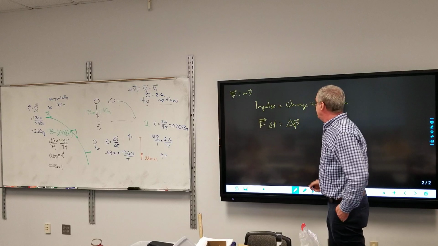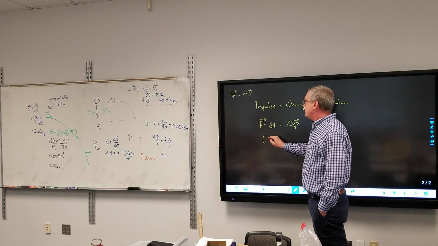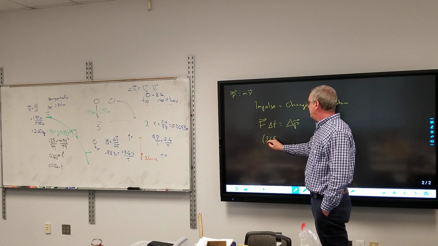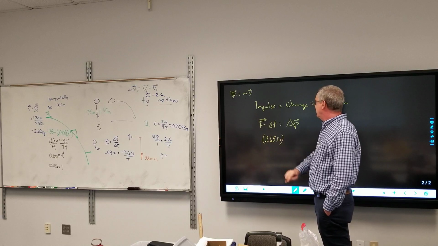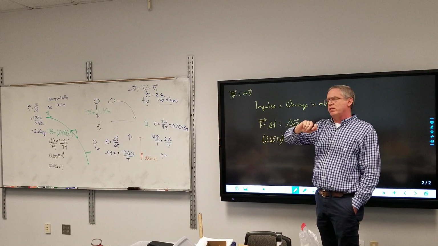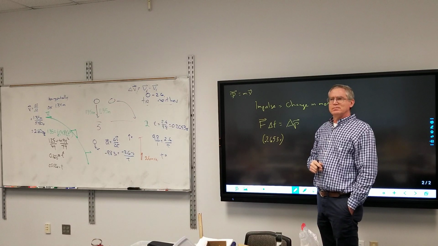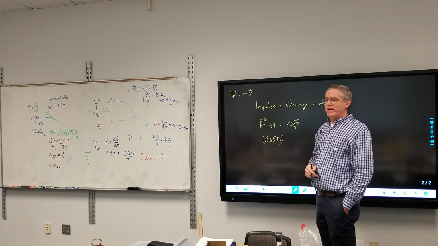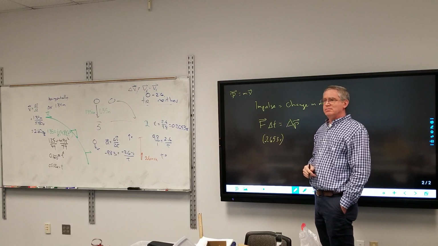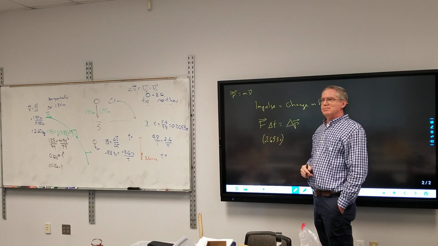Now back over to here. So I know the time, 0.2653 seconds. What is the force acting on the ball as it's in the air? Yes, and the formula for weight? Mass times acceleration due to gravity.